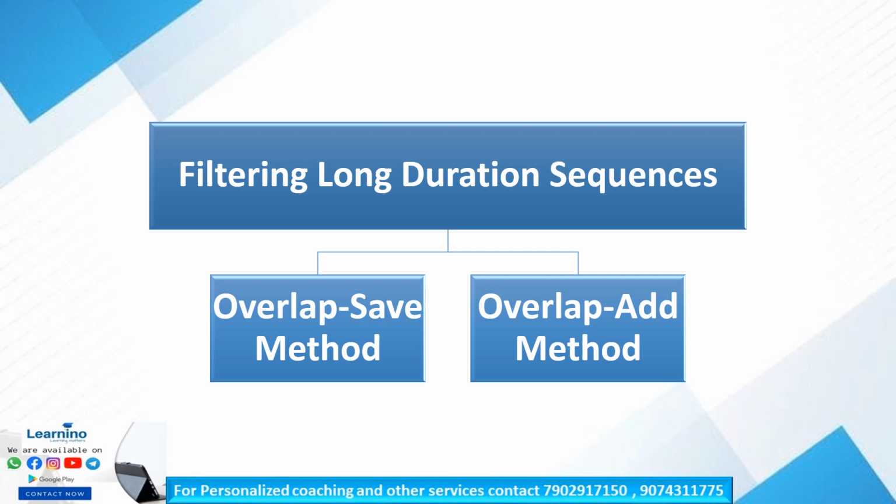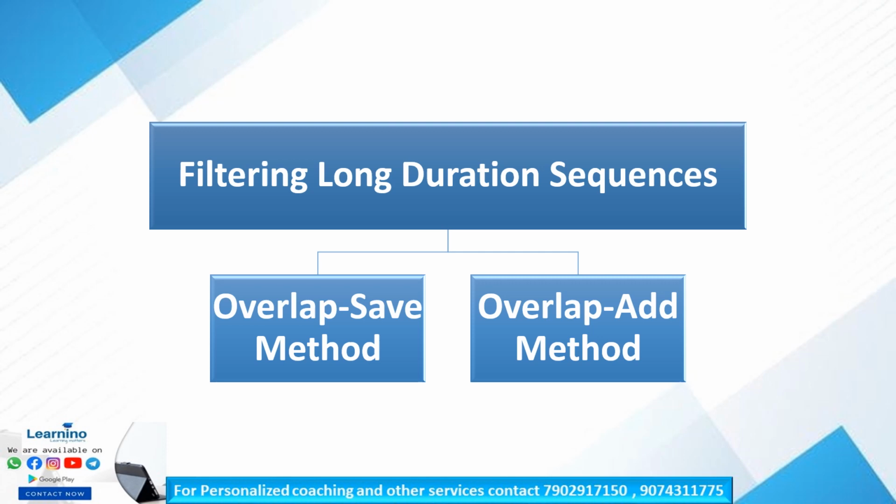First of all, we have to know what is the speciality of filtering long duration sequences. There are cases when we have to process an input sequence of long duration with a system having an impulse response of finite duration by using the convolution method, that is, convolving two sequences.